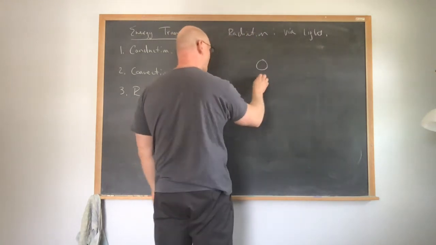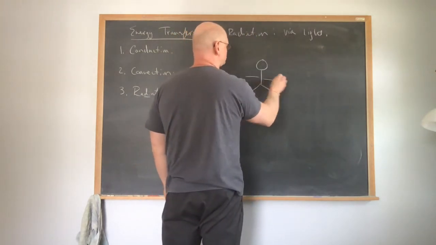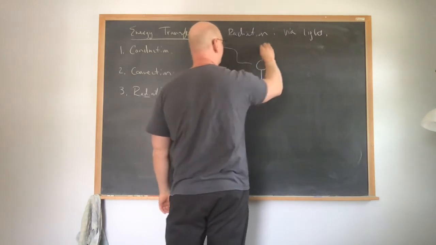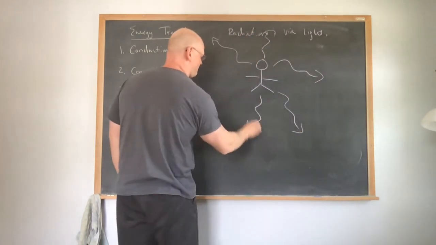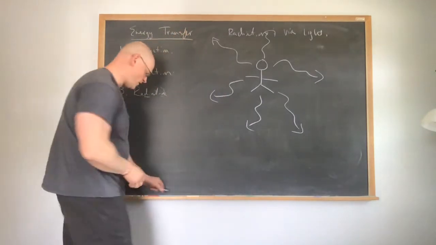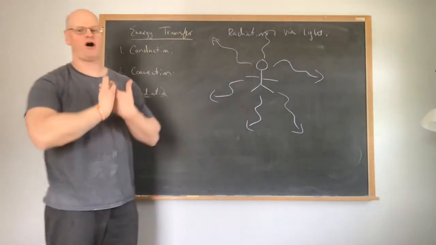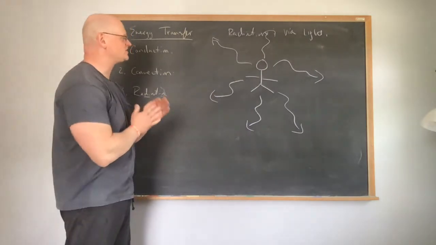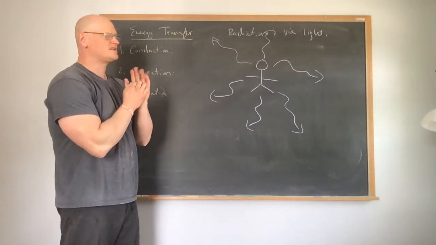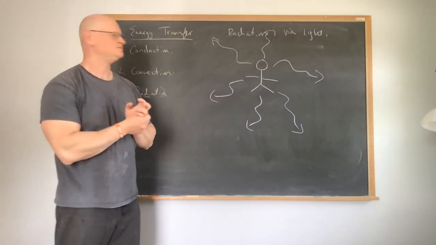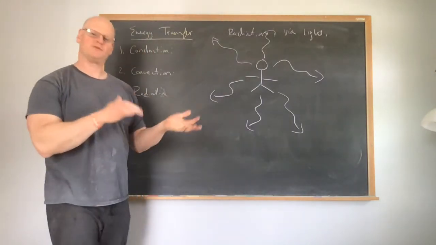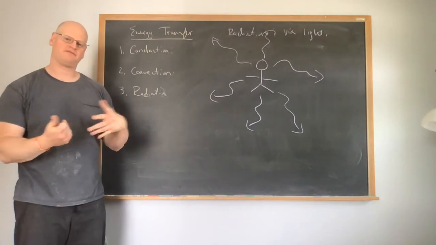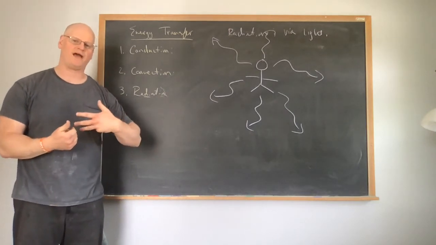If I was standing here, I would be giving light off in all possible directions. So when I'm at a high temperature, I'm giving off light in basically all directions, but I don't do this perfectly. It turns out that different people and different objects give off light and absorb light in different ways.